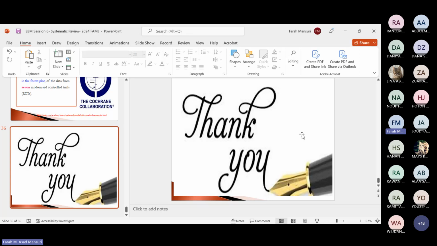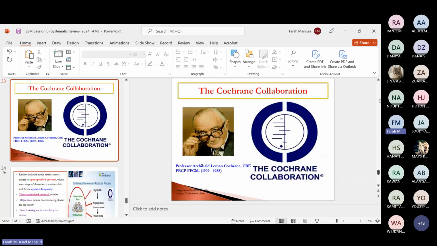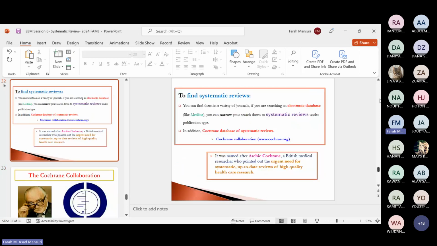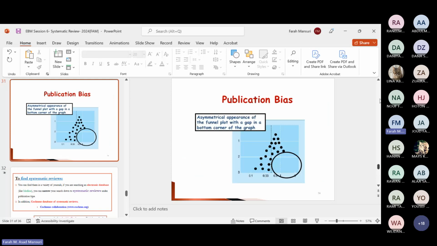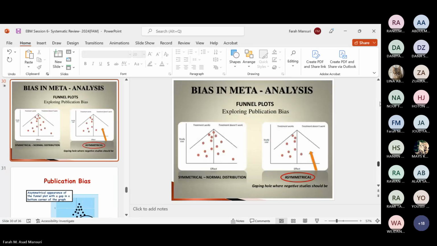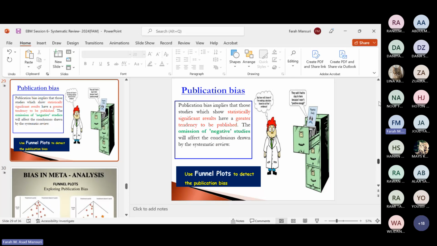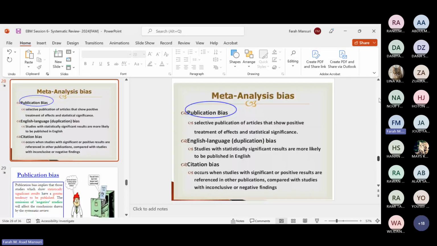If you have any questions, we still have 3 minutes to answer. So you can ask. From the examination point of view, I must tell you that you should know how the systematic review is different from narrative review, and how the funnel plot can be assessed for the publication bias. Then you should know the main structure of the forest plot.